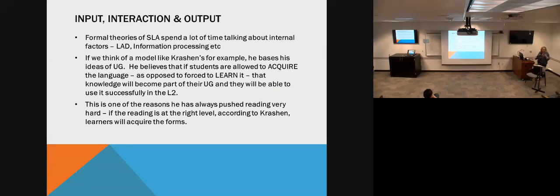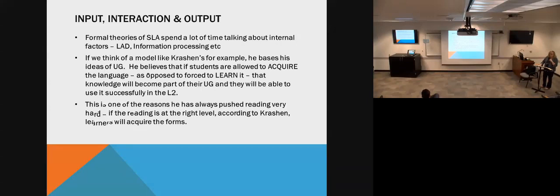So this is the interactionist hypothesis. It is basically input, output, and interaction, or input, interaction, and output, whatever. The formal theories of SLA that we've done that started with UG spent a lot of time with the LAD, the language acquisition device, and this special neurology that means that humans are the only ones that use language.